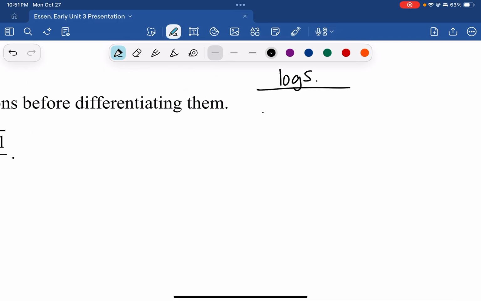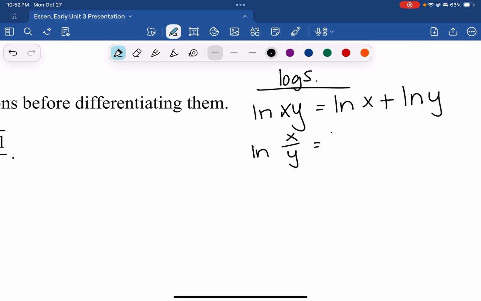Okay. If I have the natural log or log of x times y, I can rewrite that as the natural log of x plus the natural log of y. That's a product rule. There's a quotient rule, so the natural log of x over y, I can write that as the natural log of x minus the natural log of y.